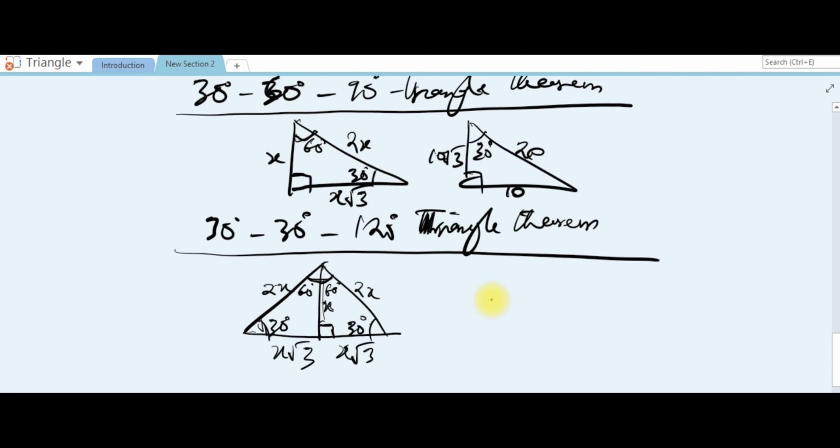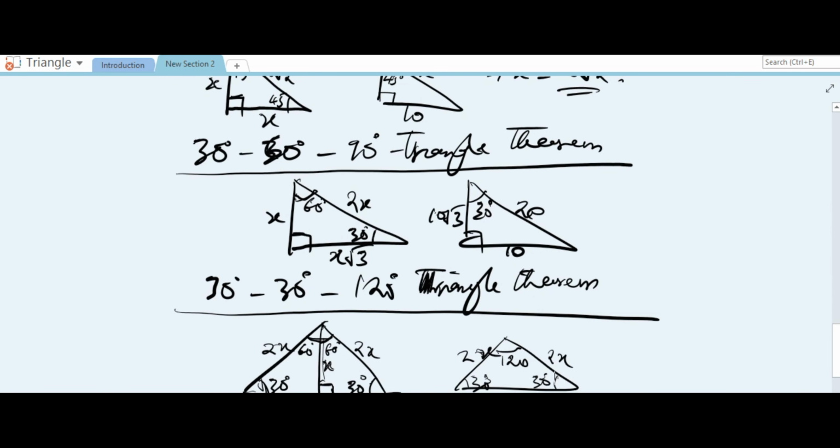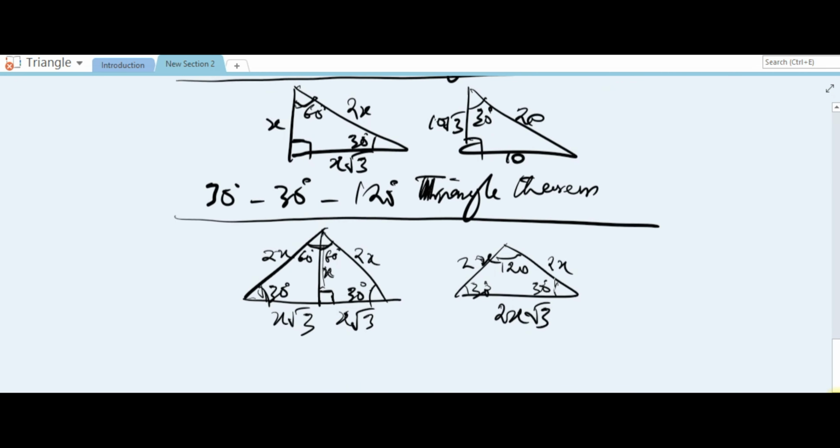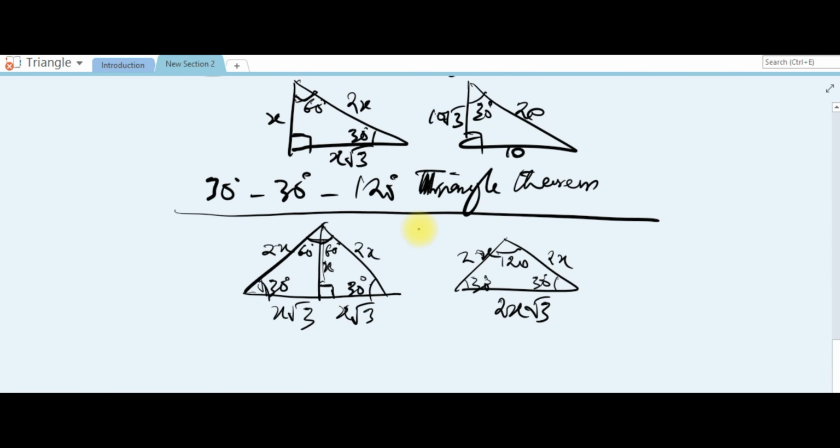If you notice, we form a triangle with 120 here, while here is 30 and here is 30. So here is now 2x root 3, and the other two sides are 2x and 2x.